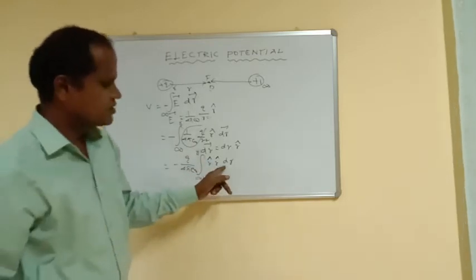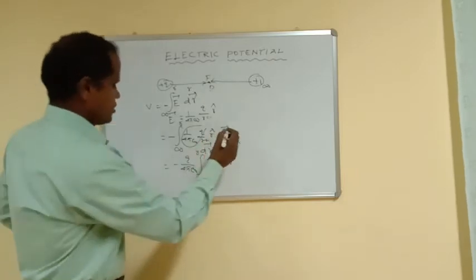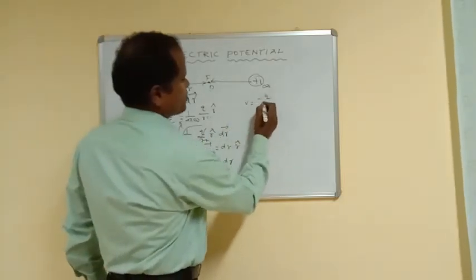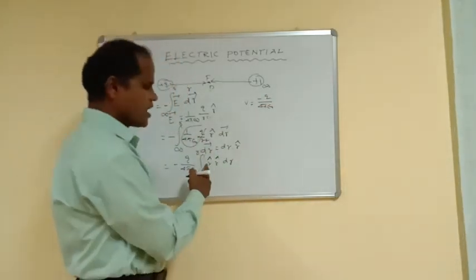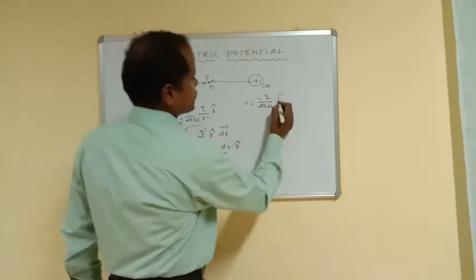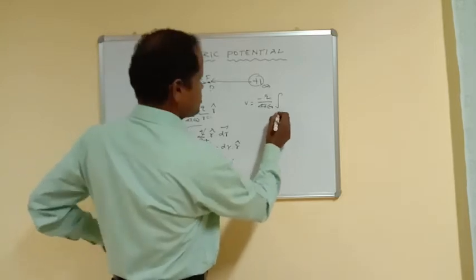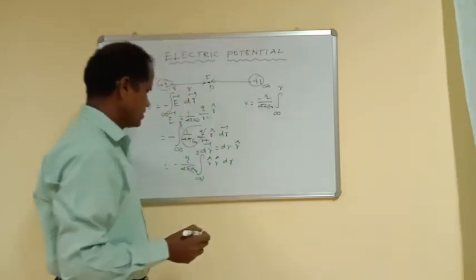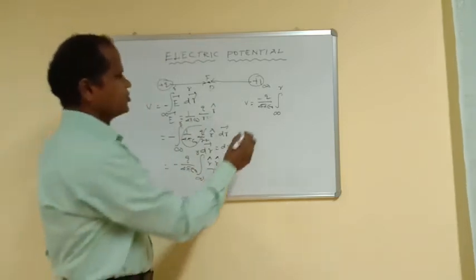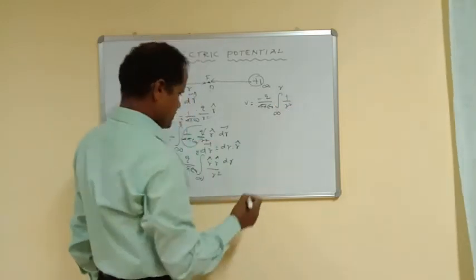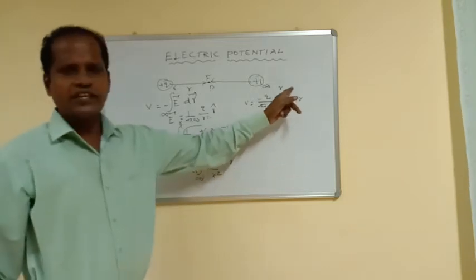Now r cap dot r cap, this value is 1. So we can write V is equal to minus q by 4 pi epsilon 0 times the integral from infinity to r of 1 by r squared dr. You know that the integration of 1 by x squared gives minus 1 by x.